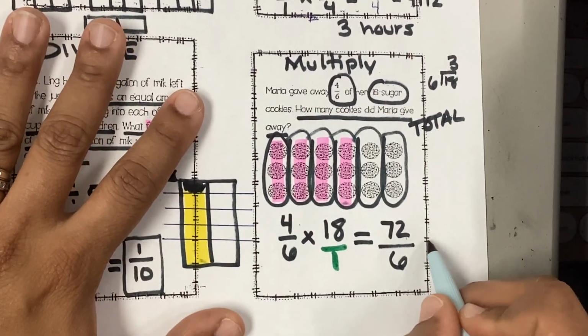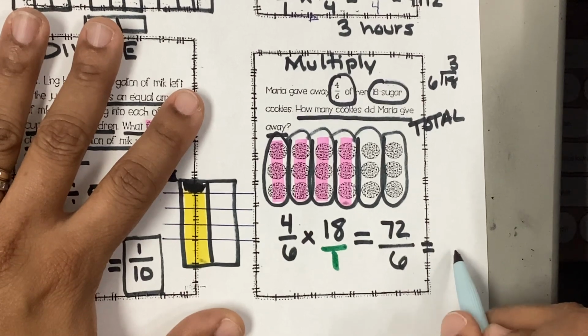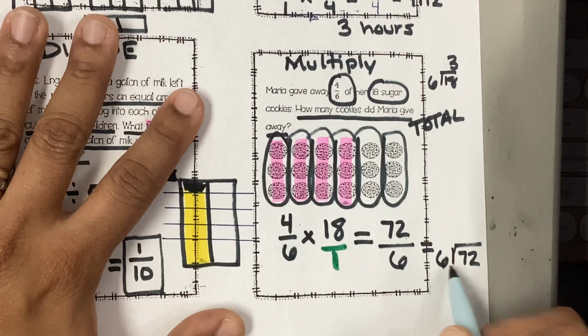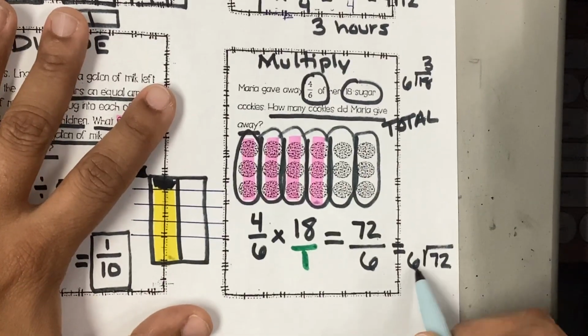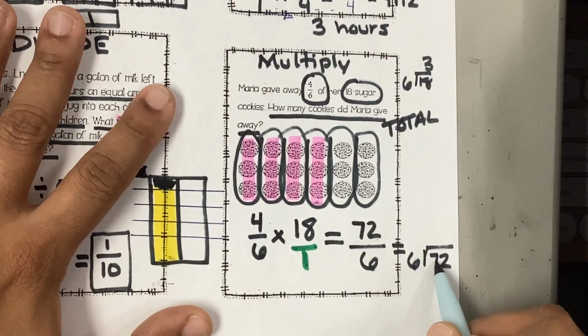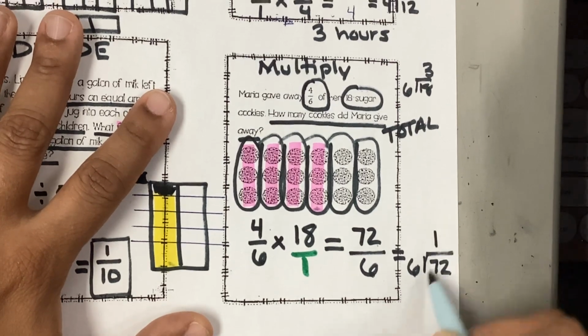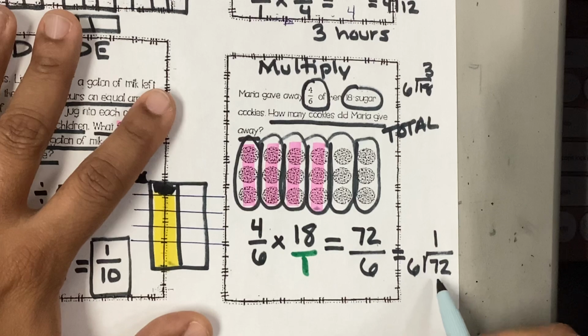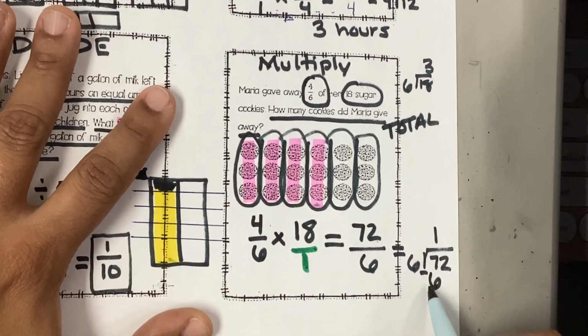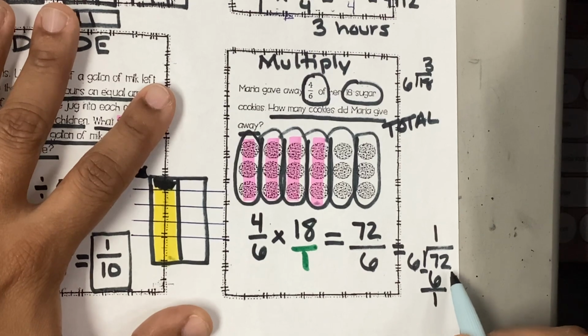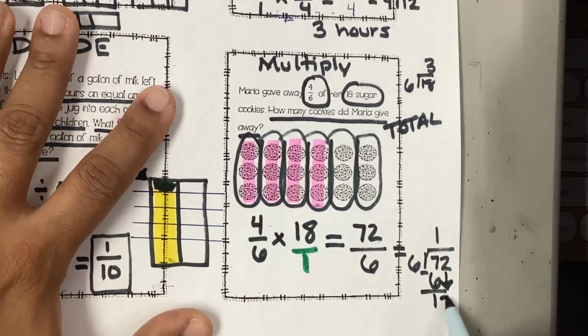72/6 is the same as saying 72 divided by 6. So if I have 7 cookies and I need to make a group of 6, I can do it 1 time. 6 times 1 gives me 6. 7 minus 6 is 1. I bring down my 2.